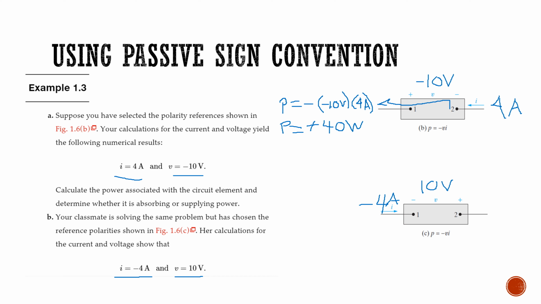And again, the current is entering at the negative terminal and the charge goes through a voltage rise, so our power equation would be the negative V times I, which is 10 volts, and minus 4 amps.